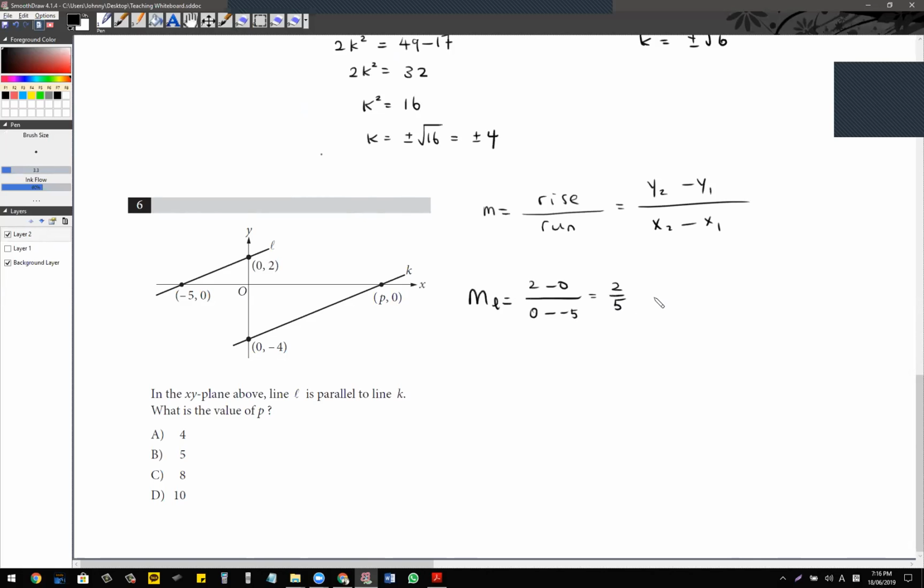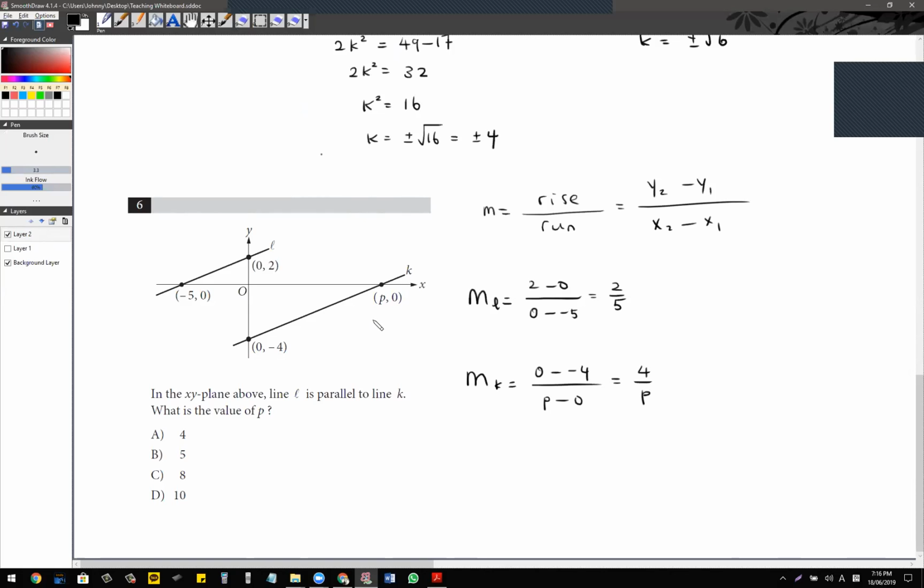So that's 2 over 5. Gradient of K must be 0 minus -4 over p minus 0. So that's 4 over p.